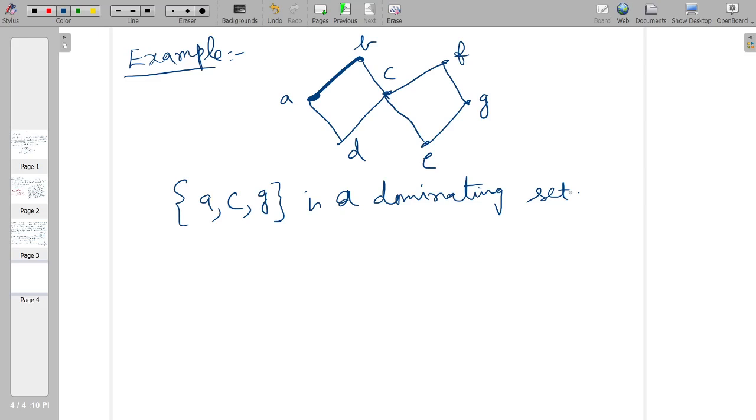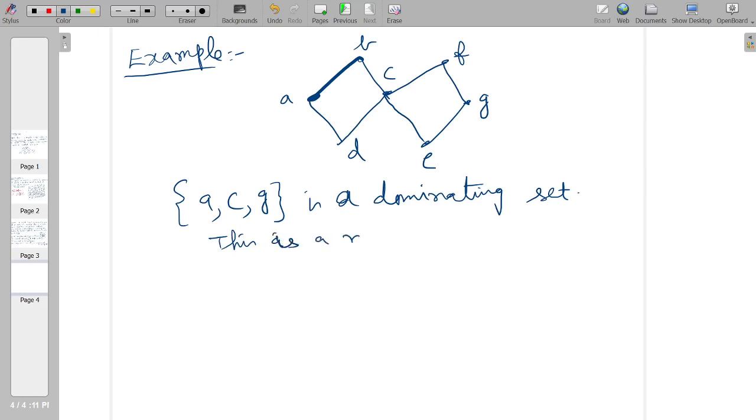A dominates B and D, G dominates F and E, and C dominates itself. So in this case A, G, C is a dominating set, and obviously this is a minimum dominating set.